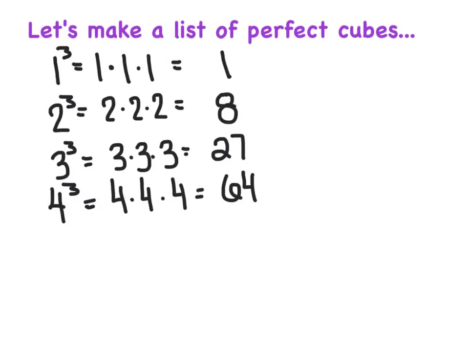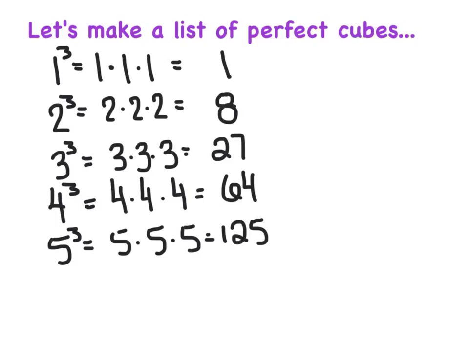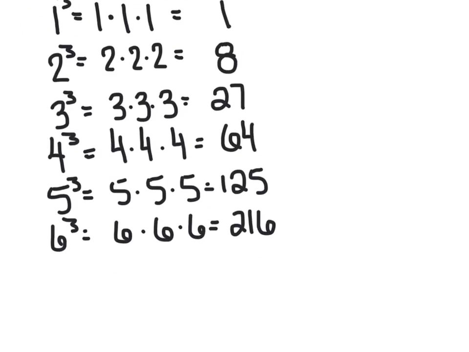It's not only considered to be a perfect square, but it's also considered to be a perfect cube, which makes it a pretty special number. 5 cubed, 5 times 5 times 5 turns out to be 125. 6 cubed is 6 times 6 times 6 equals 216. So there's a nice fun one to memorize. Let's do one more here. 7 cubed, 7 times 7 times 7, that's going to turn out to be 343.